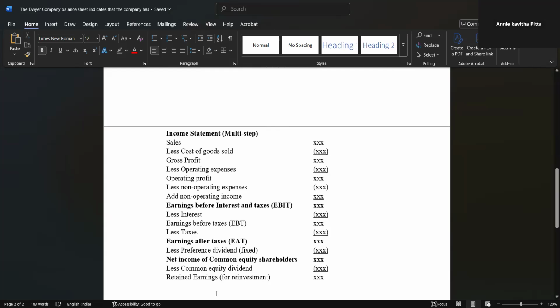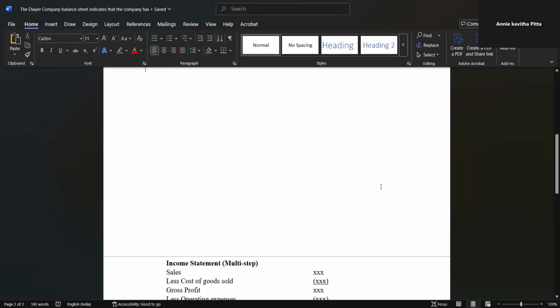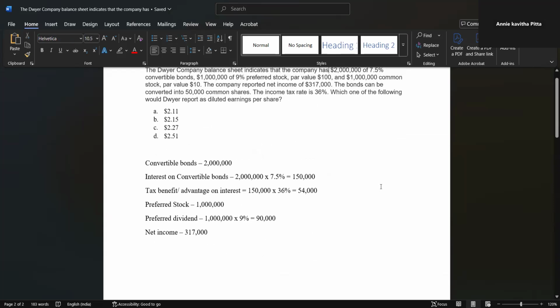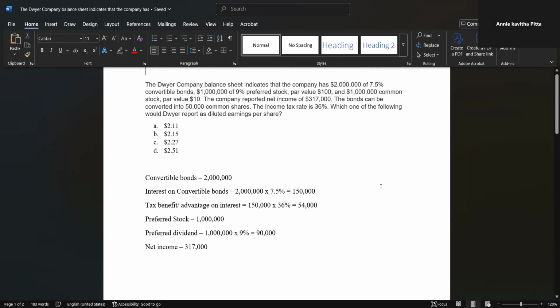Then we have earnings after taxes, which are available for both preferred shareholders as well as common equity shareholders. Then the preferred dividend is deducted from earnings after tax. The balance of it is available to common equity shareholders. That is what we understand from the format of the income statement. So here there are convertible bonds to the extent of 2 million.